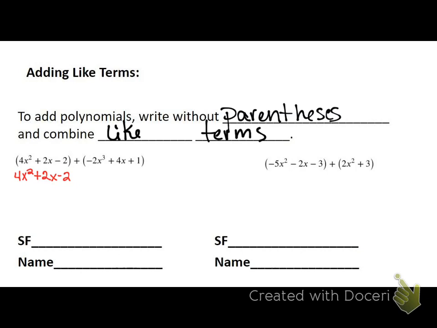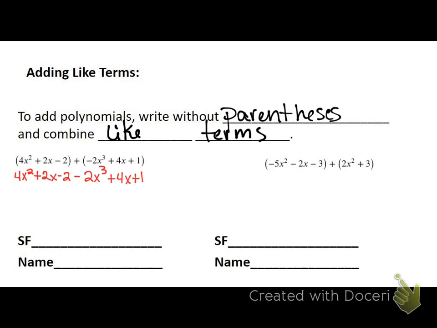Negative. Questions on how I rewrote this here? I don't like to have a positive and a negative touching because it basically ends up meaning the same thing. A positive and negative touching just turns to a negative.